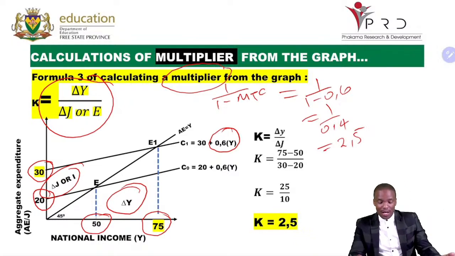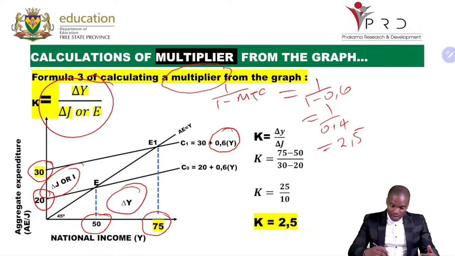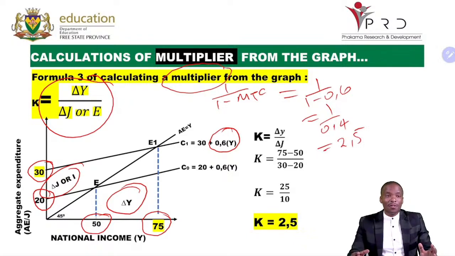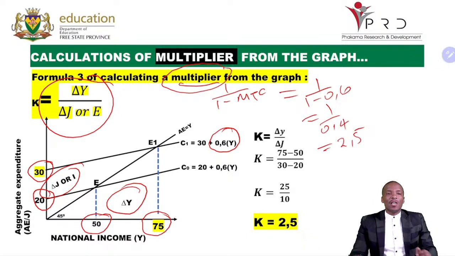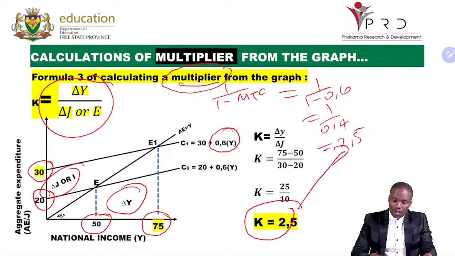That was the first way of doing it. On this one, we've already given you the graph. Use the formula, change in y over change in j, to calculate the value of the multiplier. So you are reversing the equation now. Then you can get your answer. The answer should be the same.